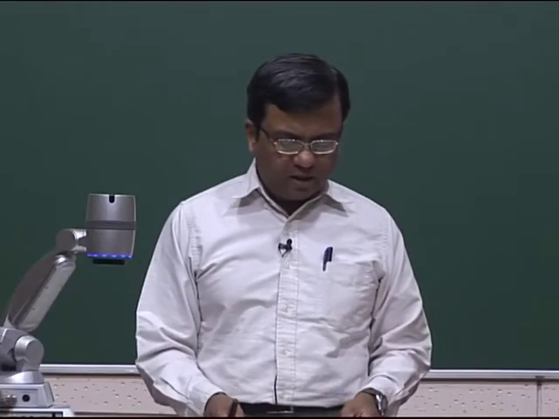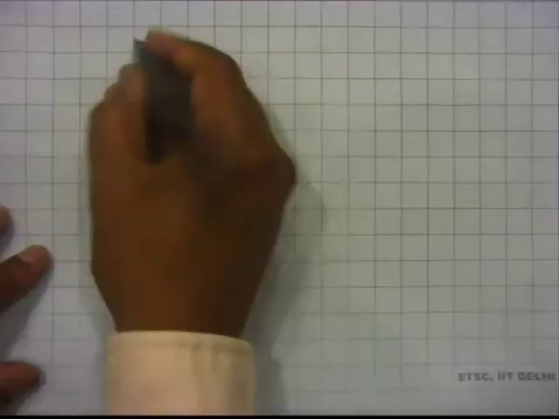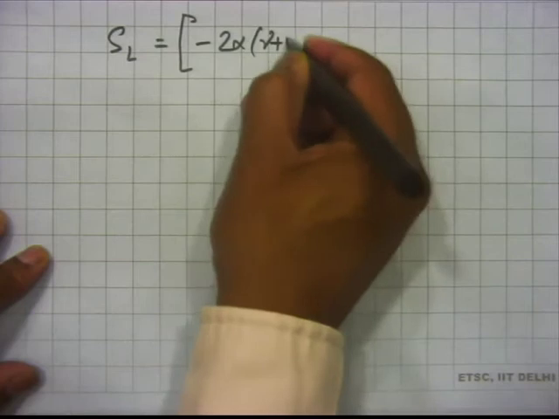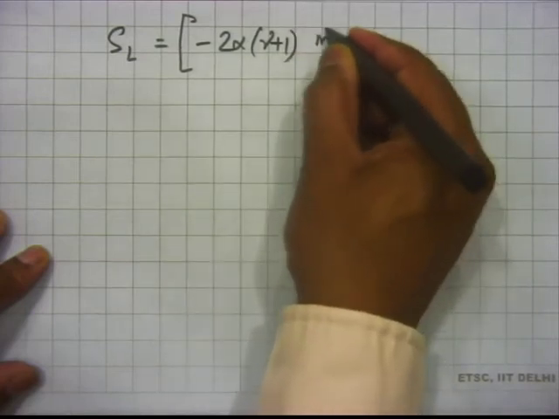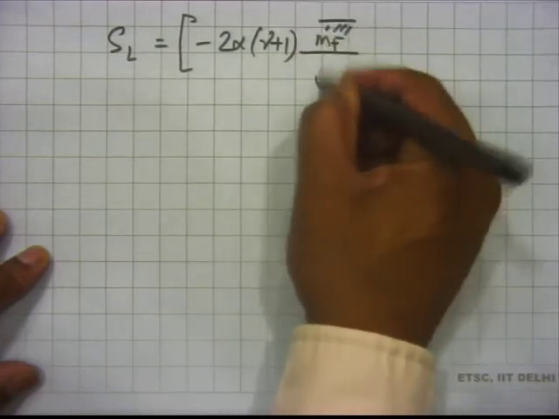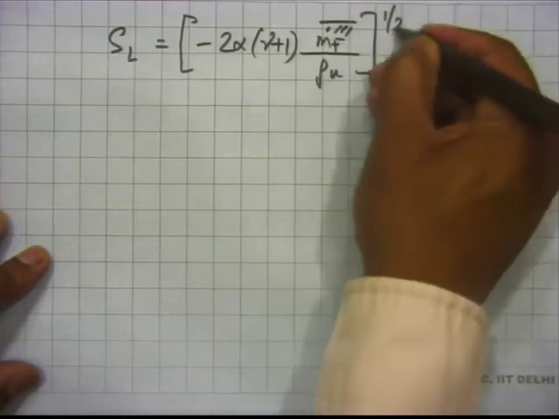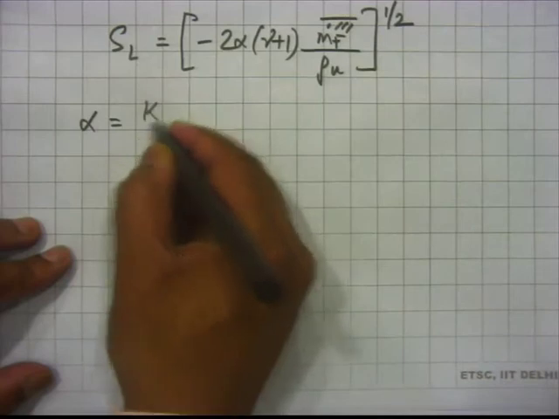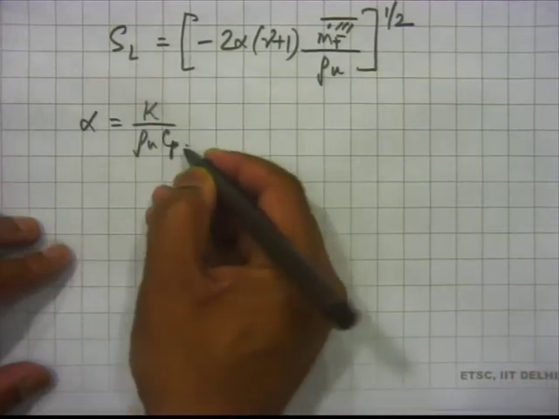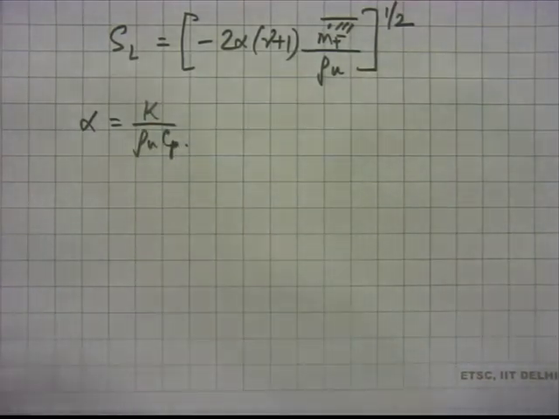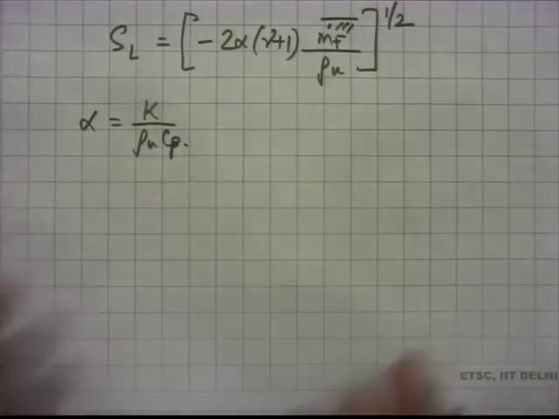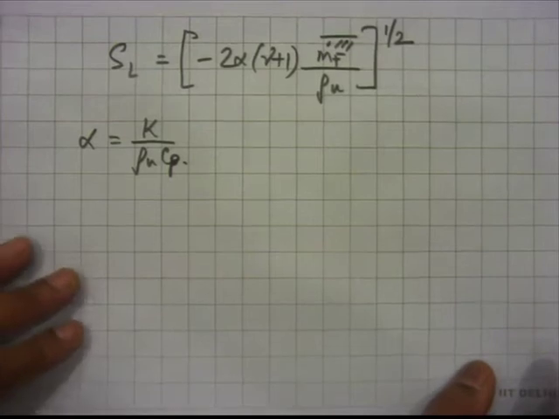So, again going back to the SL expression, here alpha as we wrote is k divided by rho u Cp, and I will first tell you what the book by Turns does.